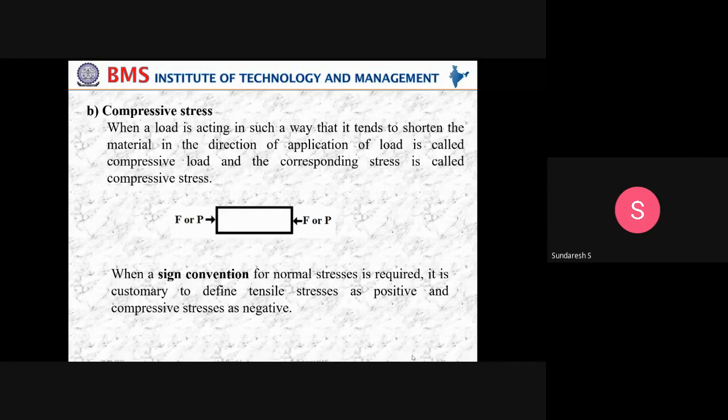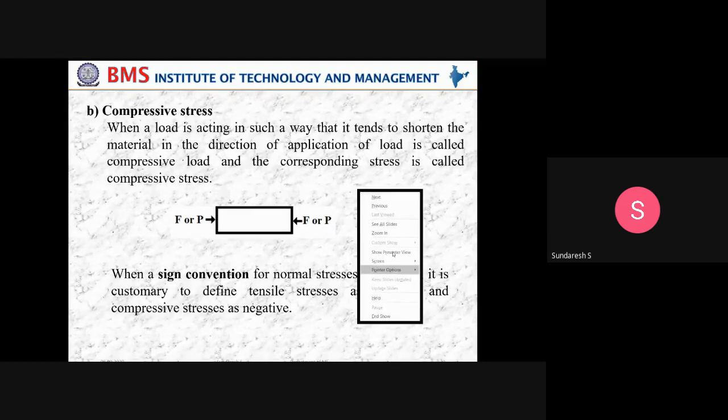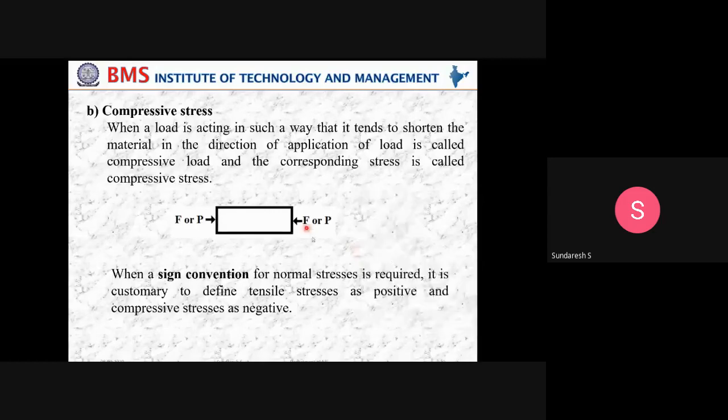So two equal and opposite forces, you can see here, acting along the centroidal axis of the member or body, towards each other. Look at the direction in which the forces are acting.